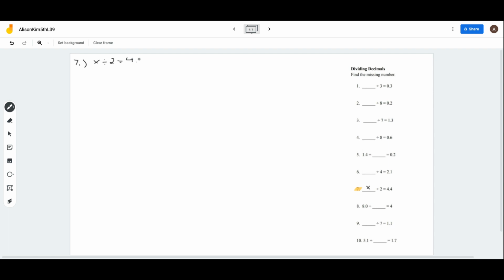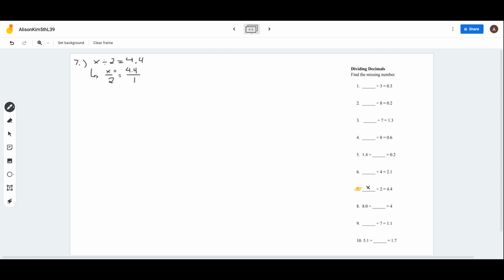Though you can keep it that way, I prefer changing x divided by 2 into just x over 2. It's easier with fractions, and the fraction line just represents division. And as for 4.4, you can turn it into an improper fraction, but I'm just going to turn it into 4.4 over 1.